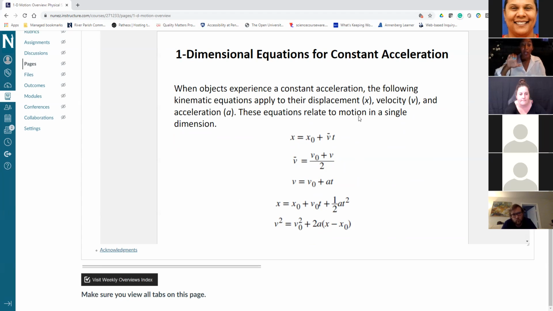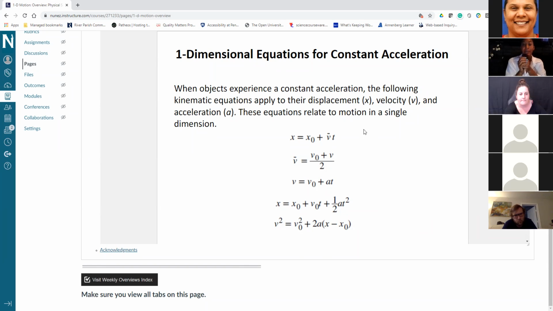Then these equations will help us do it. If it's moving with constant acceleration, we don't need anything else except these equations. Okay? Now, the key is, do you know what these equations are telling you? All right? So these equations are relating distance, velocity, acceleration, and time. I shouldn't say distance, position. Position, velocity, acceleration, and time. Excuse me on that. Okay?